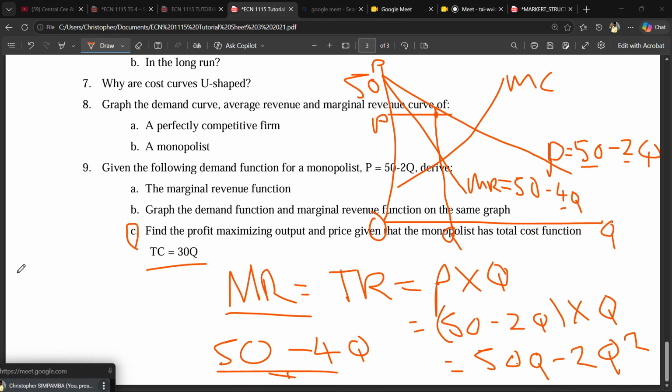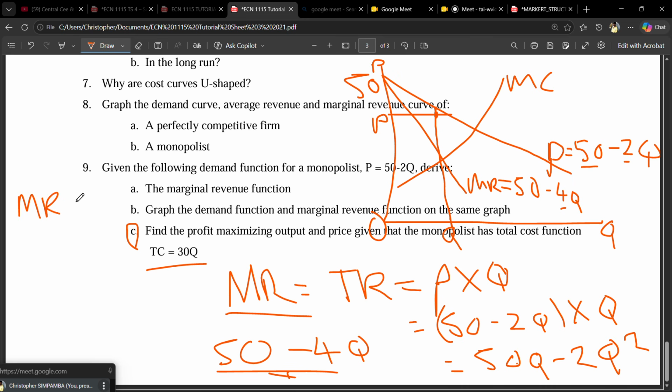For you to find the profit maximizing output for the monopoly, you set marginal revenue equal to marginal cost. Marginal revenue, we found the function, which is this one. Now we just have to find the marginal cost, where we've been given the total cost function here. So we differentiate it and we find 30.